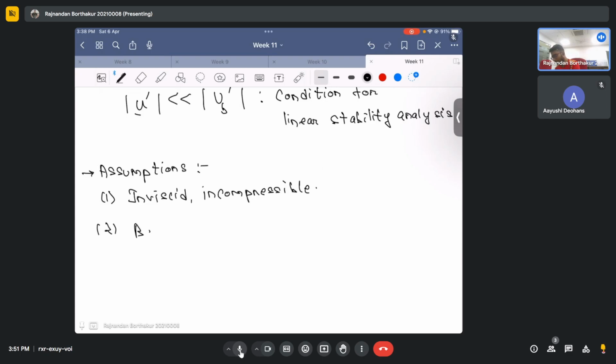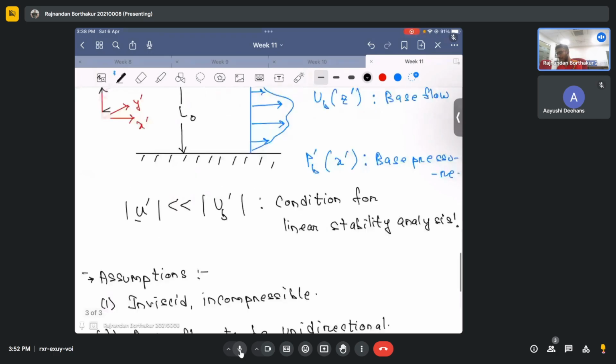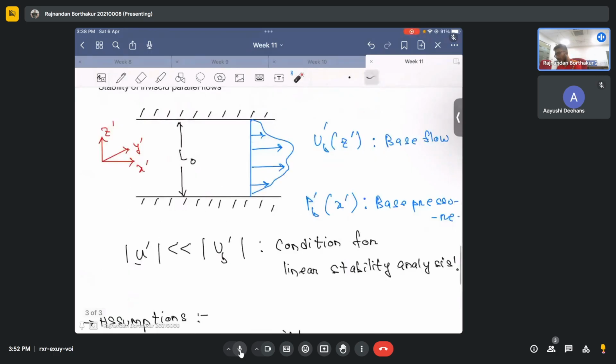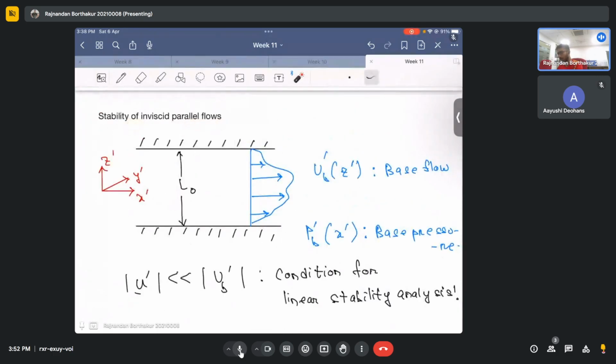One important assumption is that we will assume the base flow to be unidirectional. This makes sense because we are looking into the stability of parallel flows, which means the streamlines are parallel or nearly parallel with respect to the walls, so we can rest assured that the base flow would be unidirectional in nature.